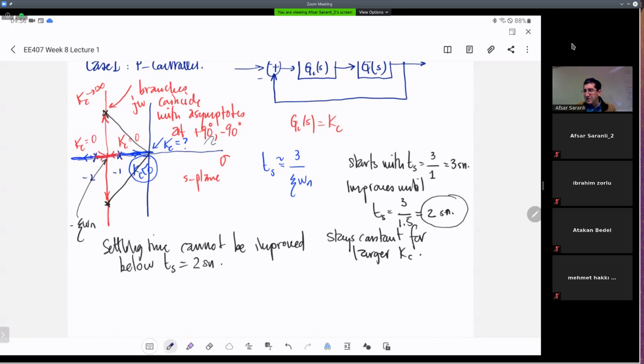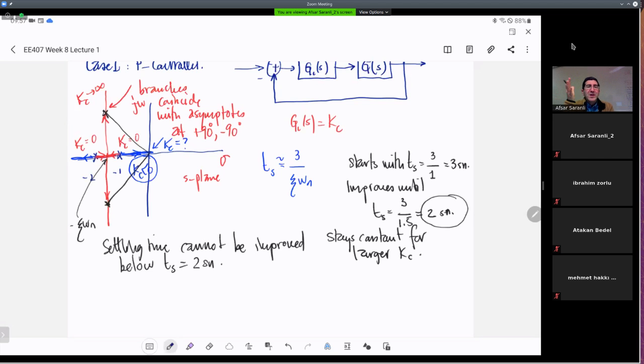While if I was starting with a system with unstable open loop poles, that means two poles on the right hand side for G of S, the proportional controller would not be able to stabilize this system, because the asymptotes at plus 90 and minus 90 degrees would be just in between the two poles again.